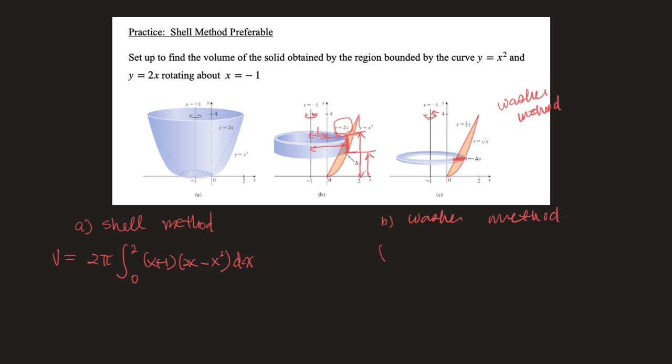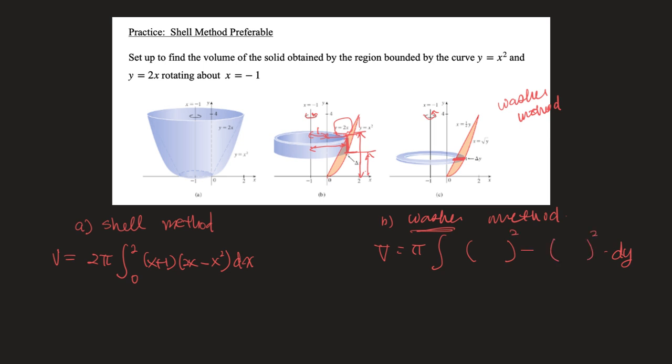Guys, look at this. V equals pi times the integral, rotating about x equals -1, which is parallel to the y-axis. That's going to be dy. With the washer method, it's the longer radius squared minus the shorter radius squared.